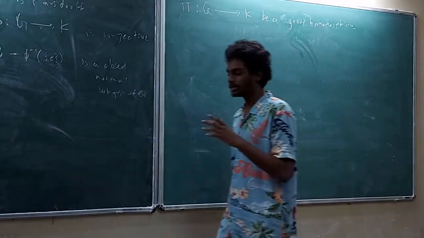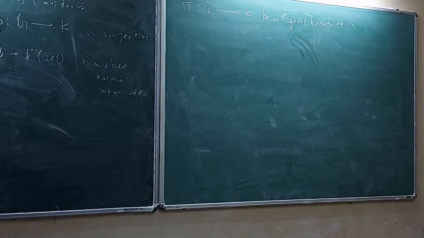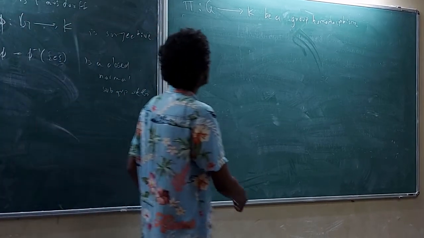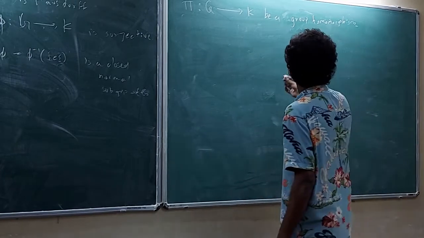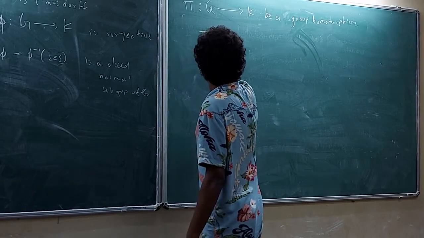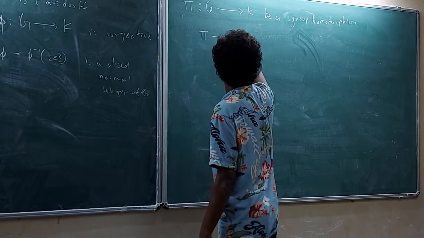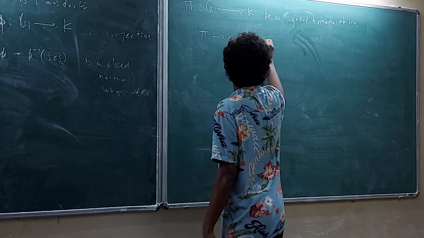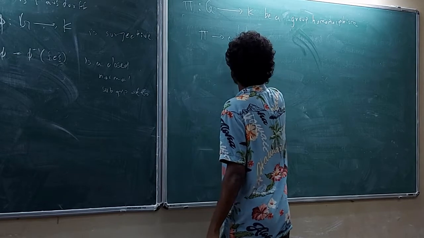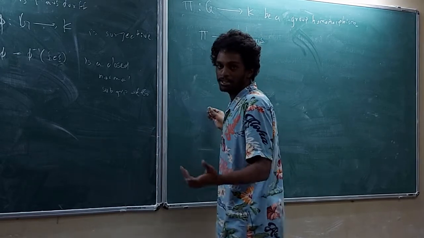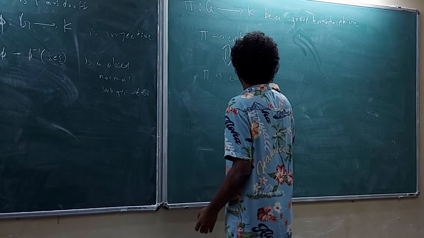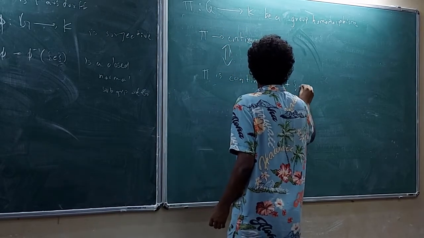So it is natural to realize that it is easier to say when the thing is a homomorphism than when it is continuous. So the surprising thing here is that if phi is a group homomorphism, phi is continuous if and only if phi is continuous at the identity.